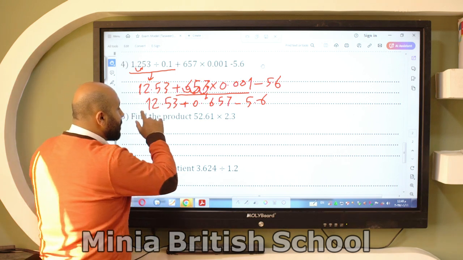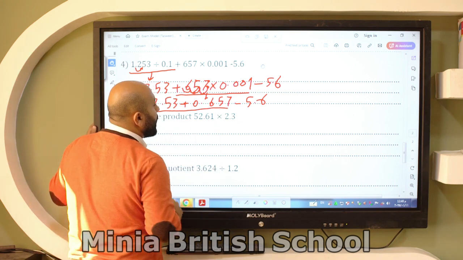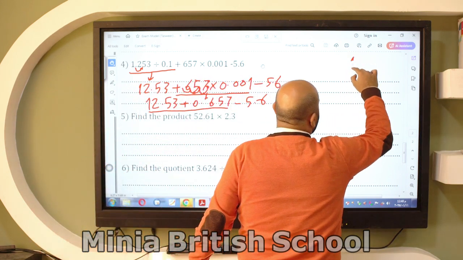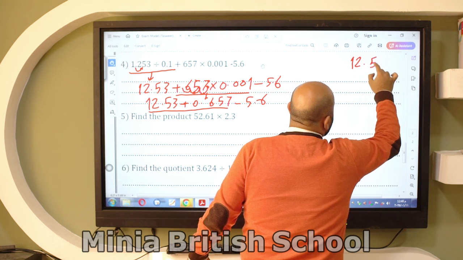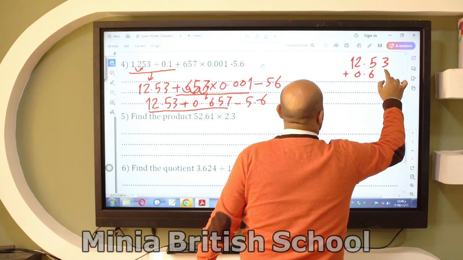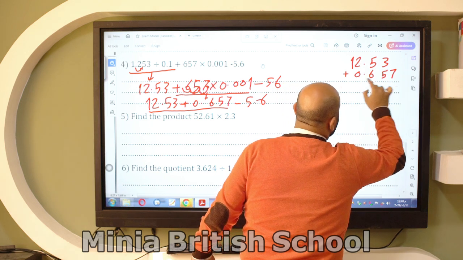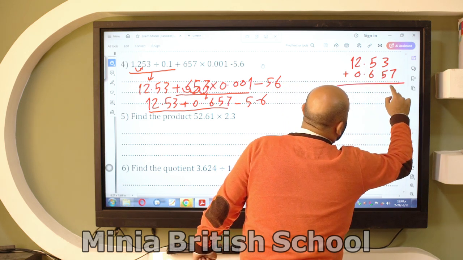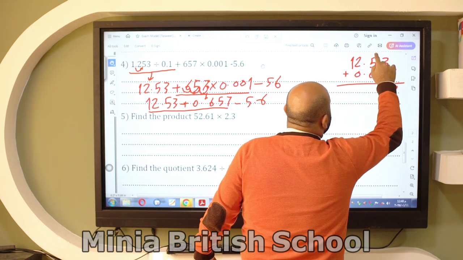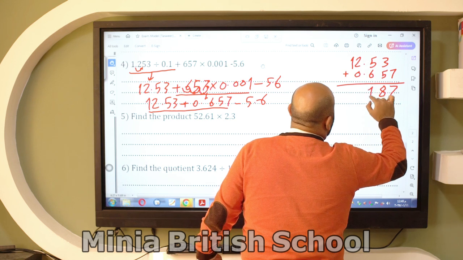So the third step, which is the addition. Let's do the addition right there. I had 12.53 plus 0.657. Let's add them. 7, 3 plus 5 equals 8. 5 plus 6 equals 11. 1, carry up 1.